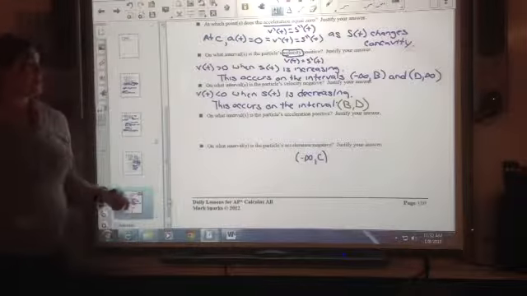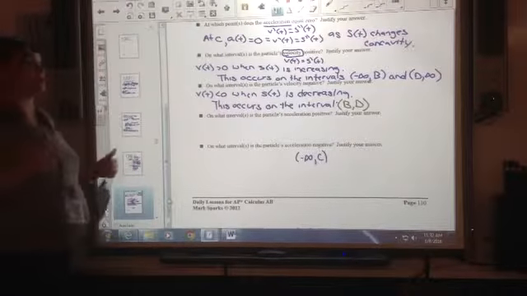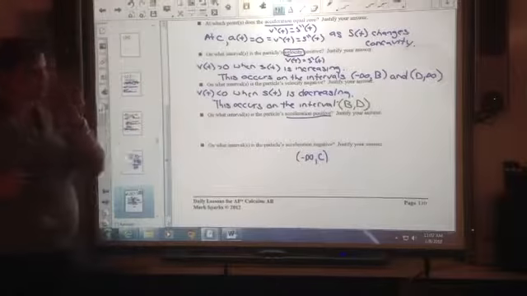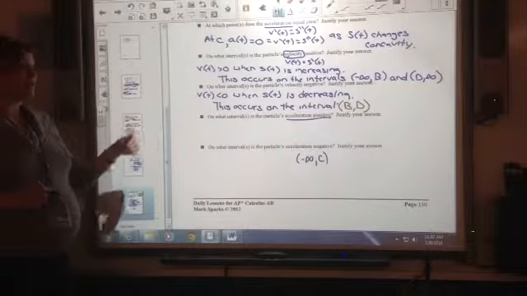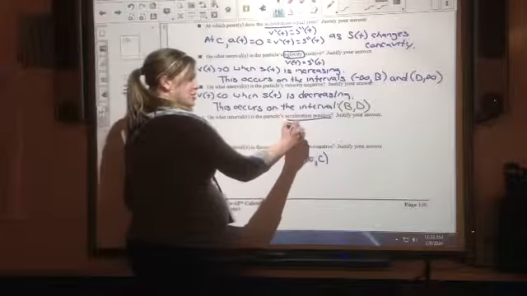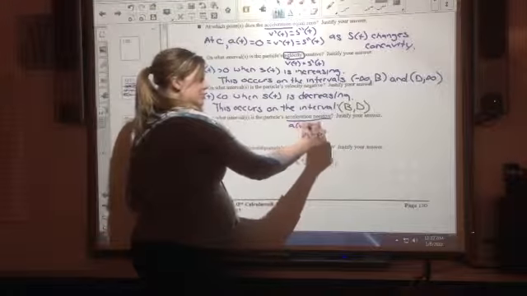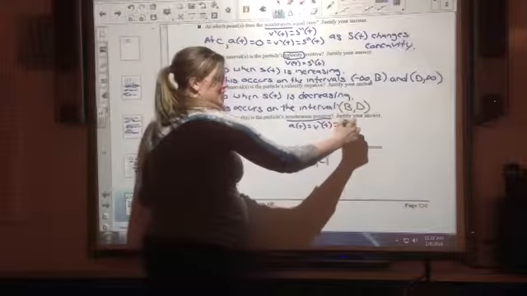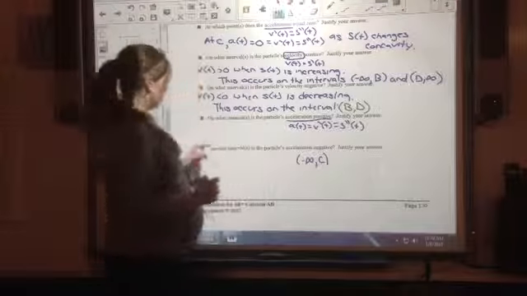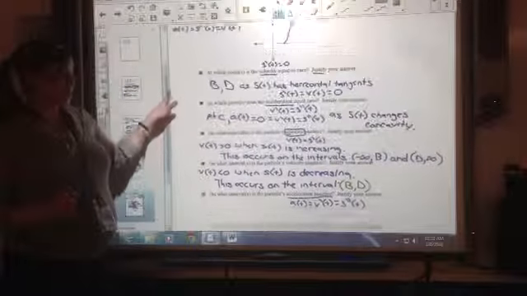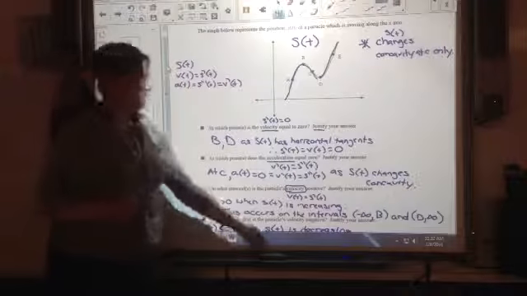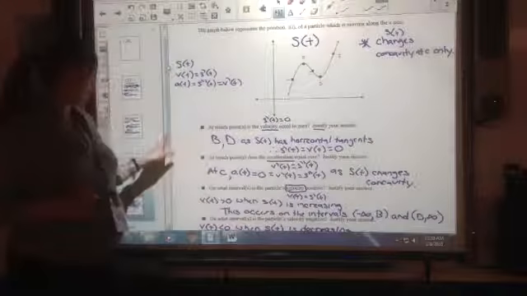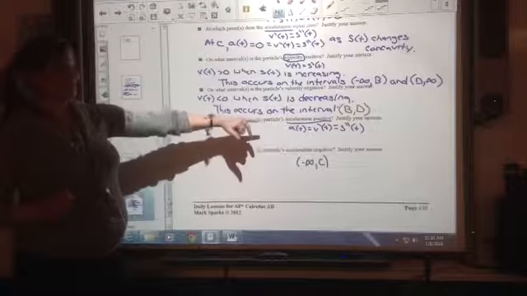Okay, now we have to think about this, acceleration being positive. So when is acceleration being positive? But I'm given the graph of S of t. So I need to be thinking about acceleration, not in terms of being the derivative of velocity, but in being the second derivative of position. So I've got S double prime of t, and I want to know when that is going to be positive.